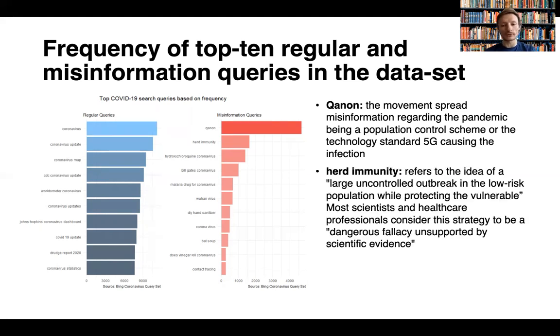The second most frequent one was herd immunity, where it is basically clear that herd immunity, or a large uncontrolled outbreak in a low risk population, is not recommended by scientists and doesn't have any scientific evidence to work. And then we can see down here that the title of the post, does vinegar kill coronavirus, was also among the top 10 frequent misinformation queries.